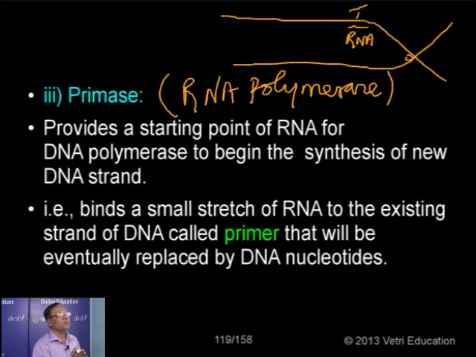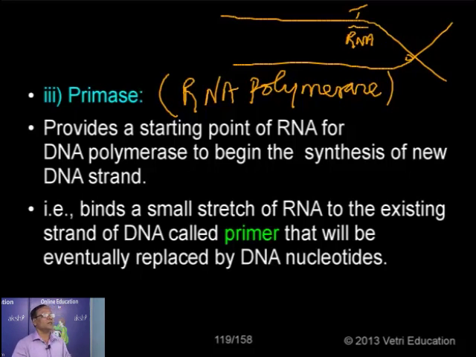Based on complementarity, a small stretch of RNA is synthesized by an RNA polymerase enzyme, because it is the one which can initiate the process. Once this RNA primer is laid down, the further events of elongation, the polymerization of the DNA, are carried out by the DNA polymerase enzyme.